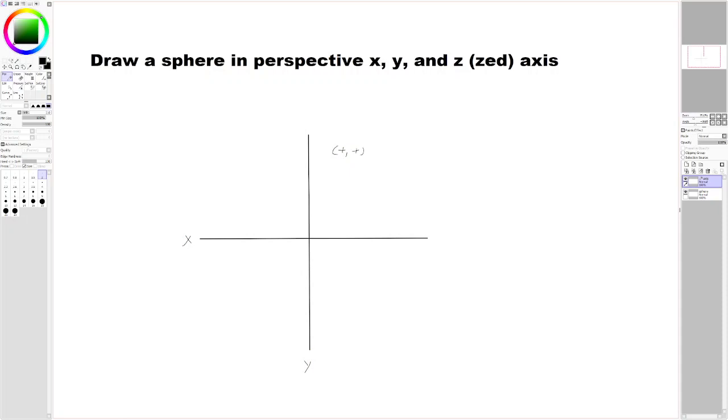Sorry, I always try to spare the math. X and y both are positive. You would have a positive x and a negative y. You would have a negative x and a negative y, and you would have a negative x.